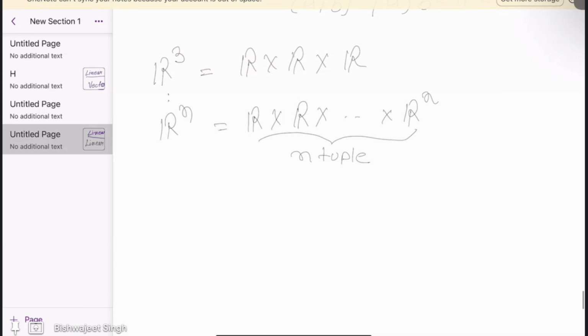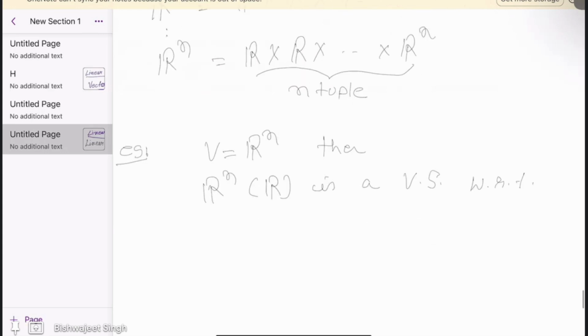So the example that I'm going to discuss is that if you take V as Rn, then Rn over R is a vector space with respect to, again, a vector space is defined with respect to some operations.